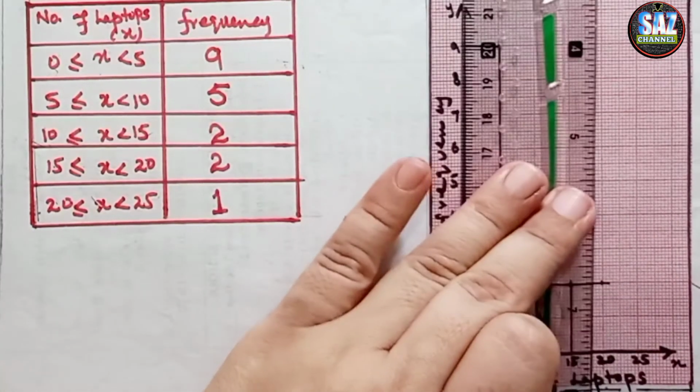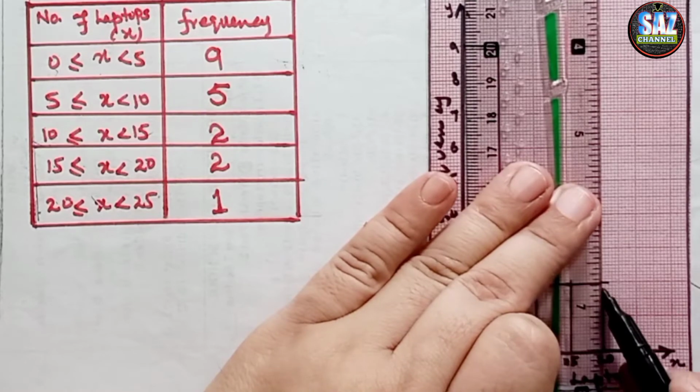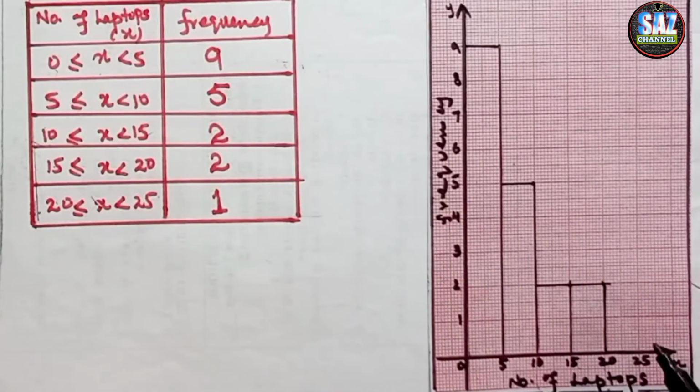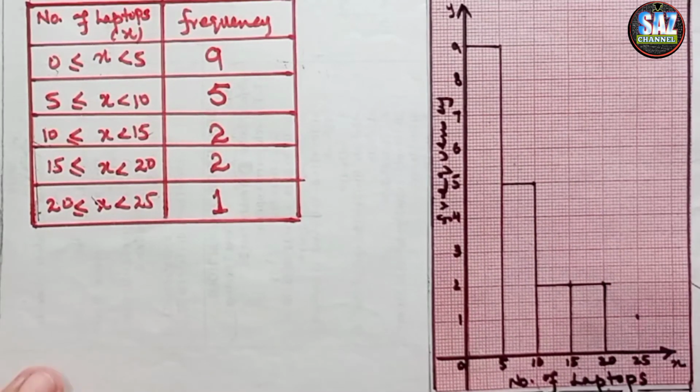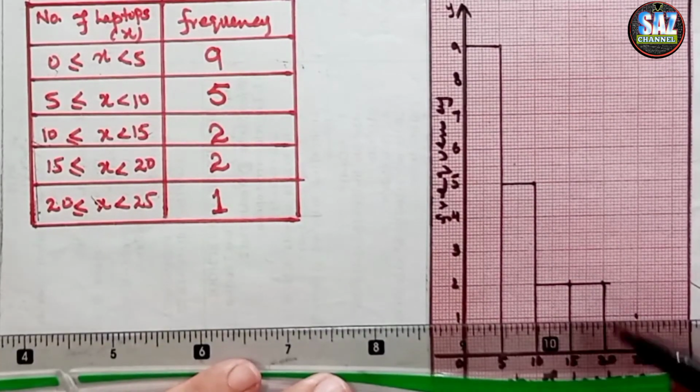At this place, my point has gone a little forward, so be careful. And then from 20 to 25, this is 1. So let me complete my histogram.